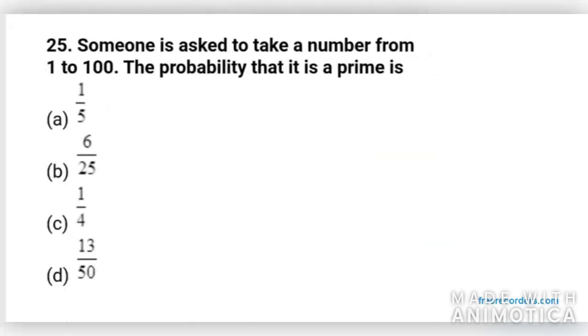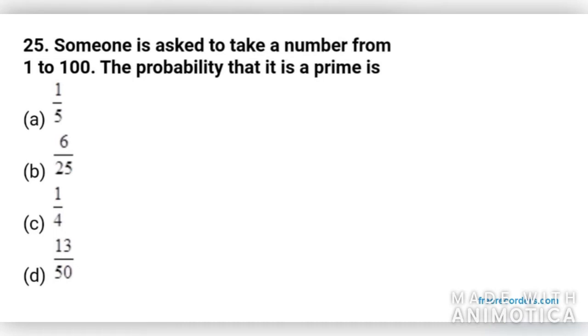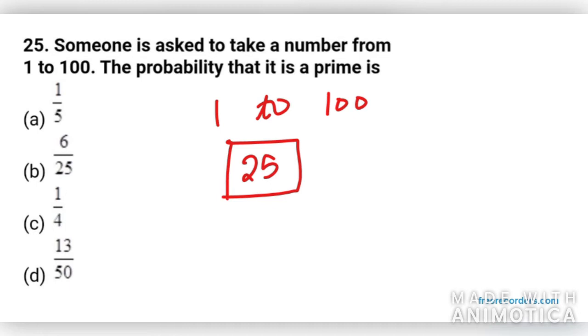Moving on to the next. It says someone is asked to take a number from 1 to 100. The probability that it is a prime number. Out of 1 to 100, there are a total of 25 prime numbers. Remember this, for 10th class at least: there are 25 prime numbers between 1 to 100.